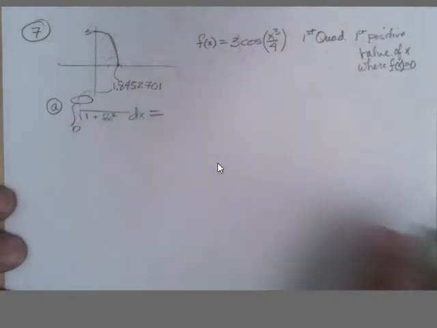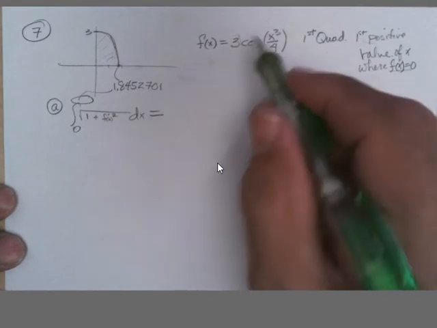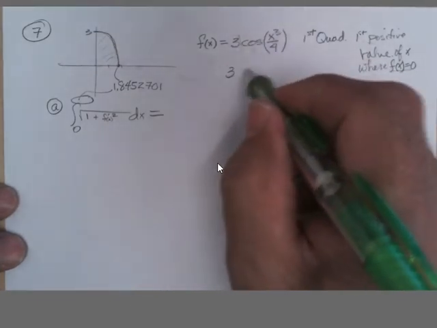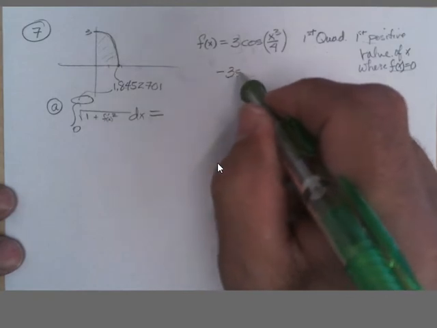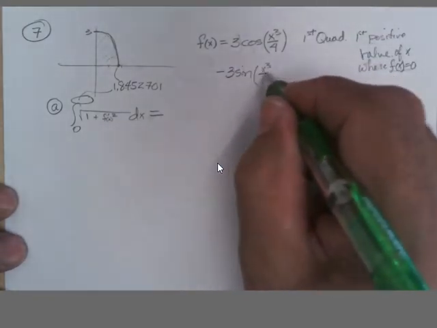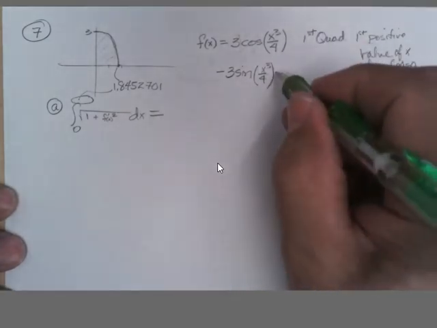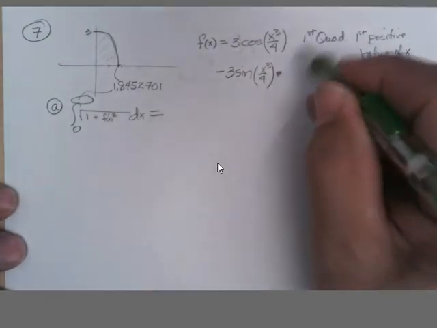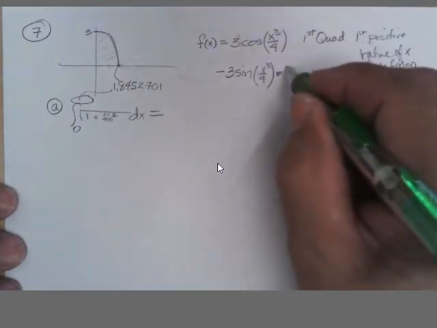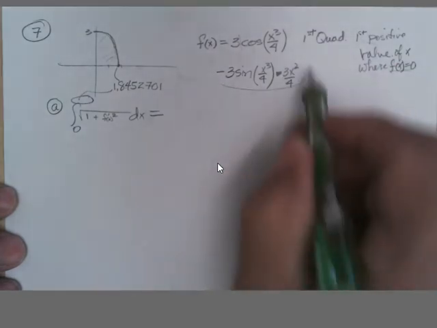So we need the derivative of this. So the derivative of cosine of something is negative sine of the something times the derivative of the inside, which is going to be 3x squared over 4. There's the derivative.